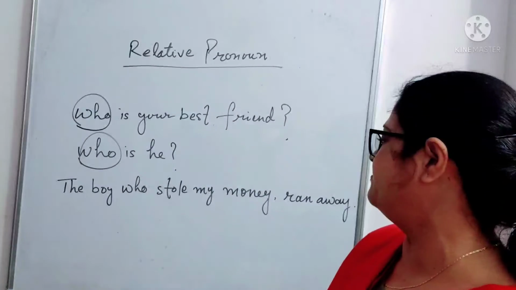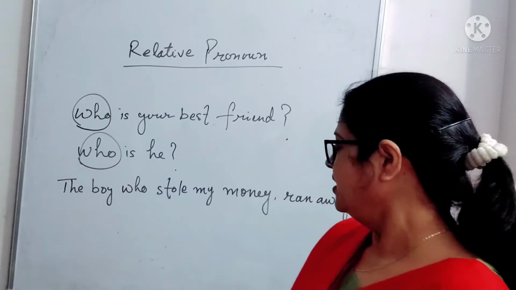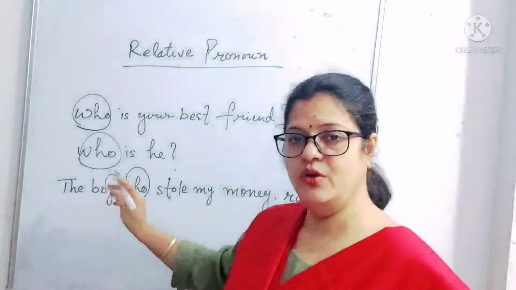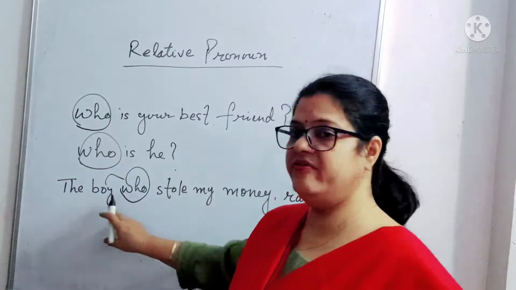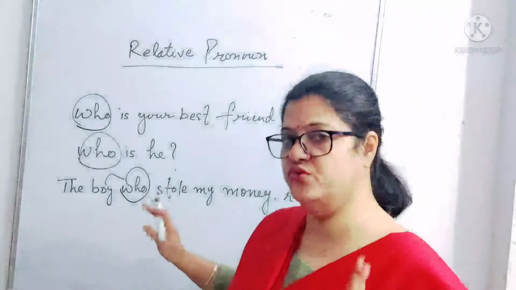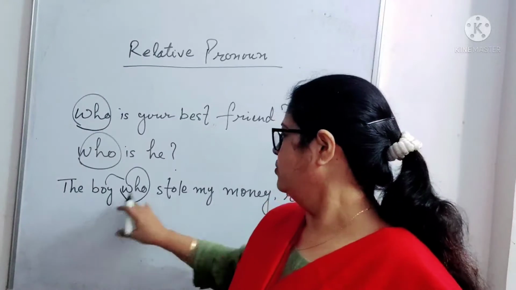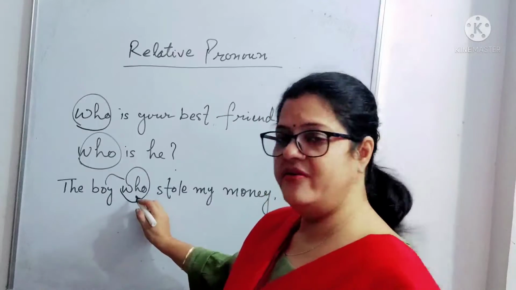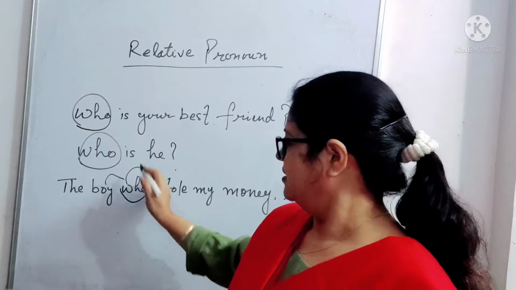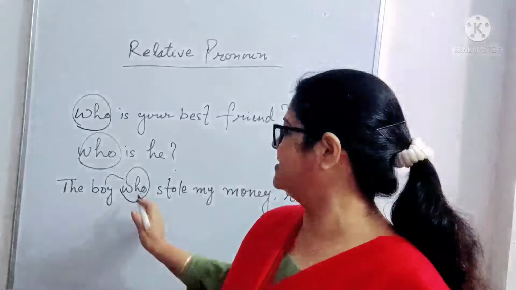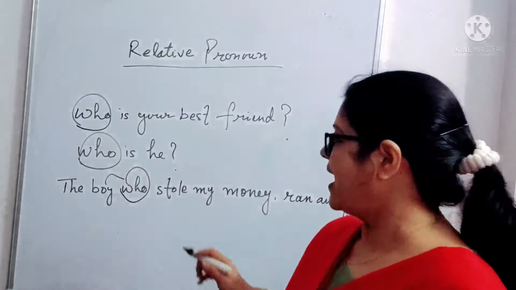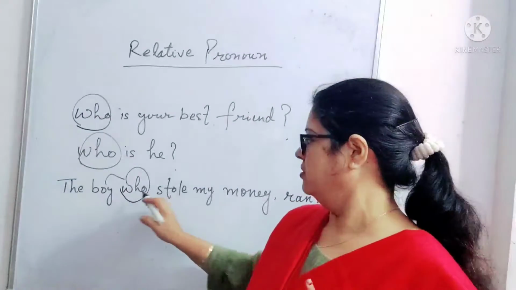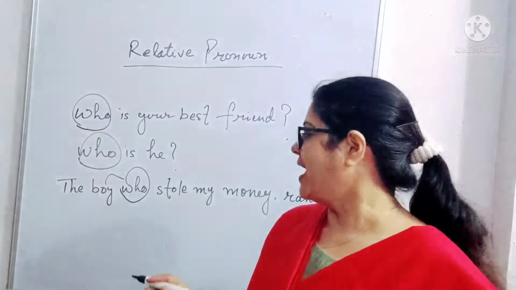So in this sentence, we see that here who is relating with this noun boy. Okay. So here it is a link between these two words. The boy who stole my money ran away. So here this relative pronoun is talking about this boy and it is connecting with this boy, and this boy is called antecedent of this word pronoun.